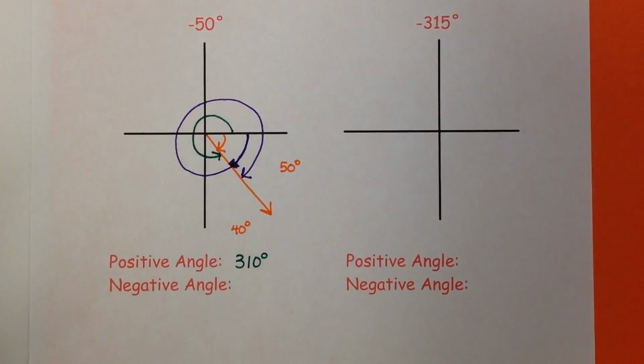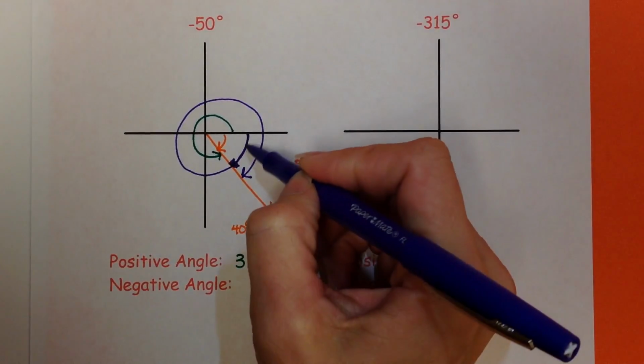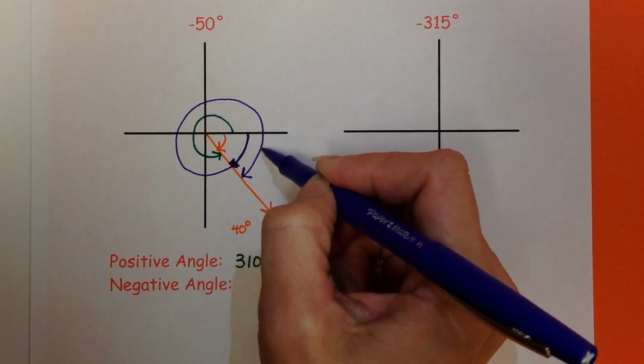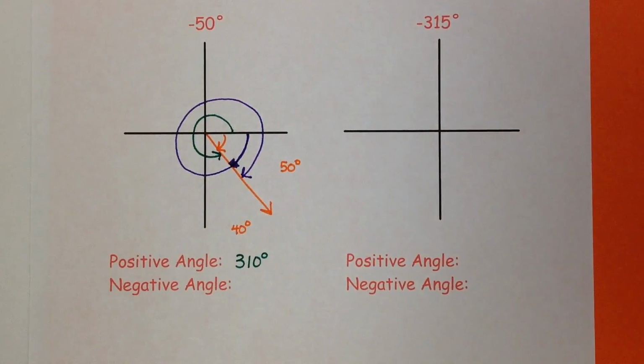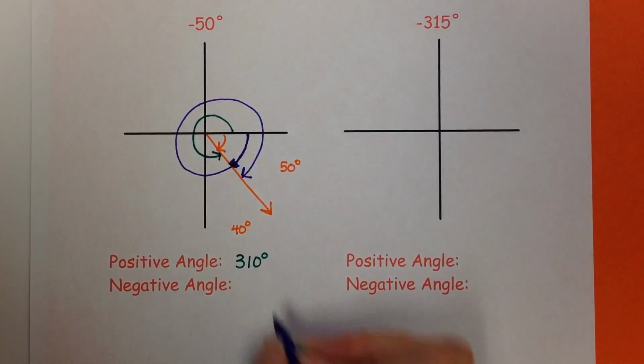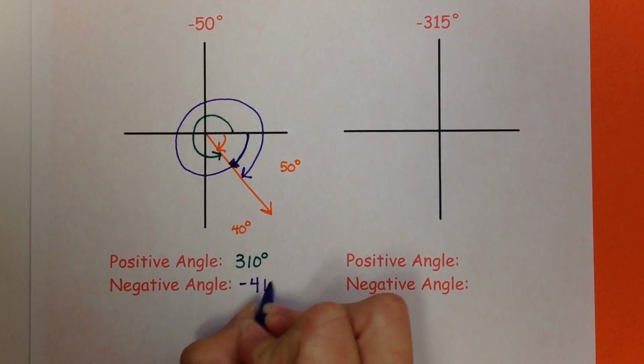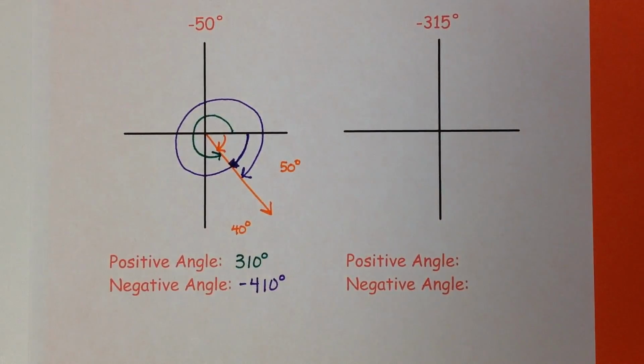So I went all the way around, which was 360, but then I covered this distance right here again, which is the other 50 degrees, so just add those together, and that is 410, but we did rotate in the negative direction, so that would be negative 410 degrees.